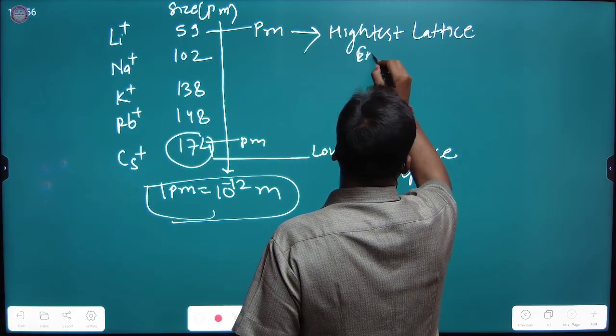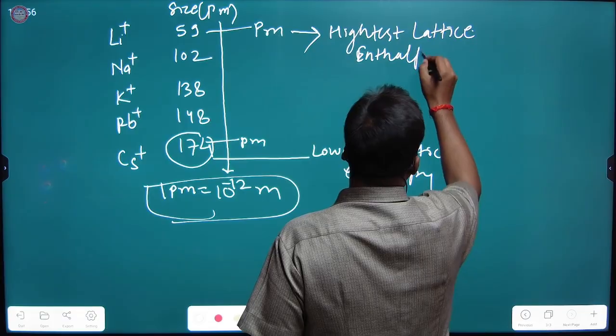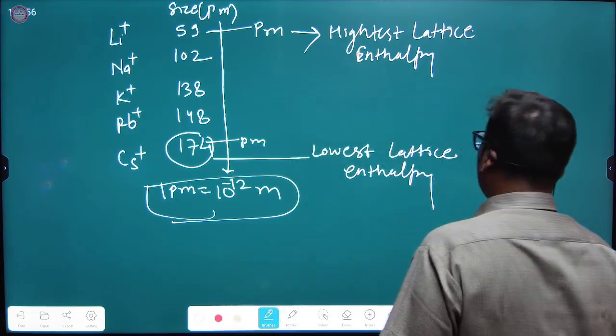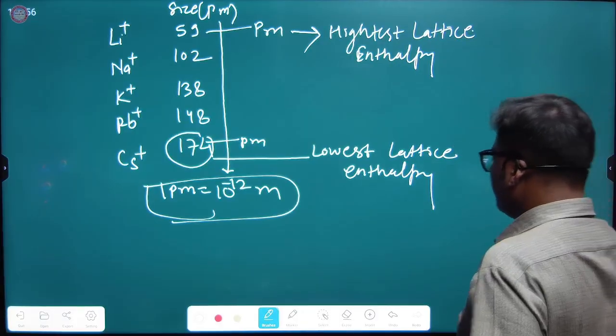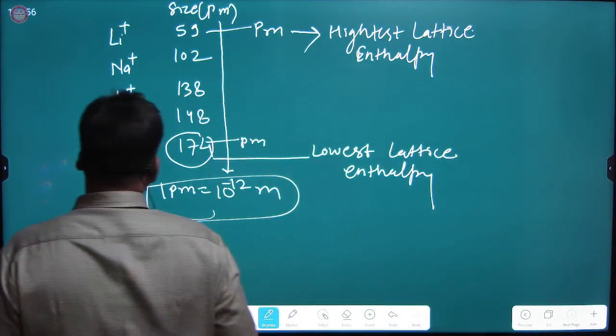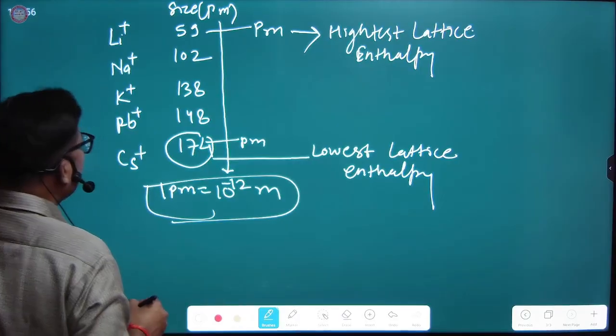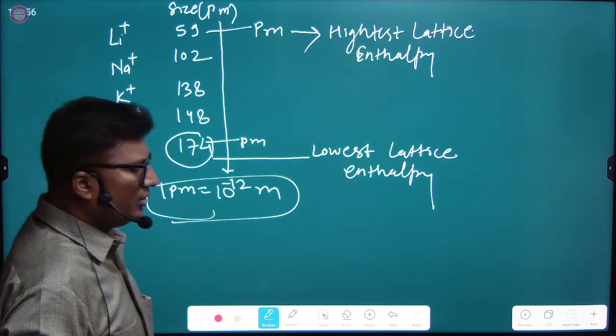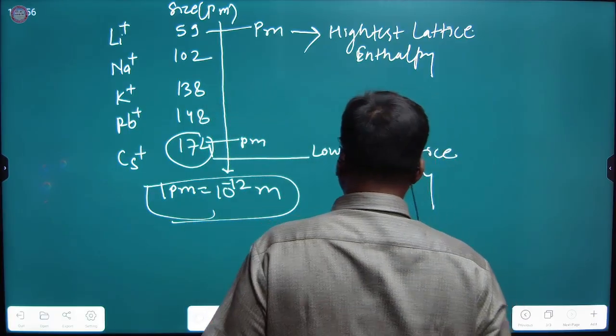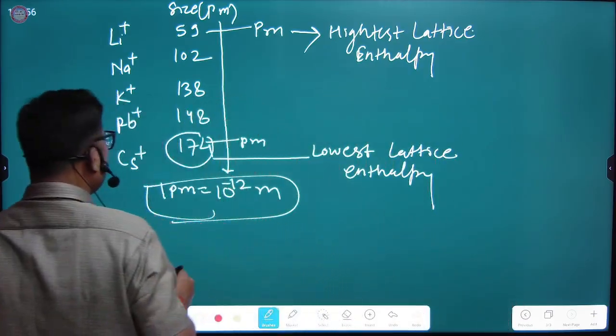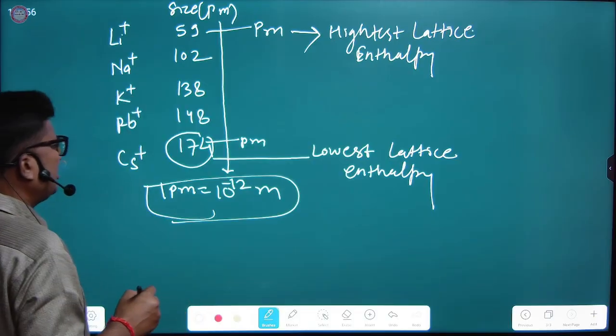The inter-ionic distance for Li plus is minimum, and for cesium plus cations the inter-ionic distance is maximum.